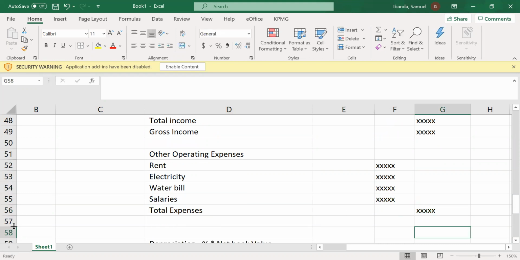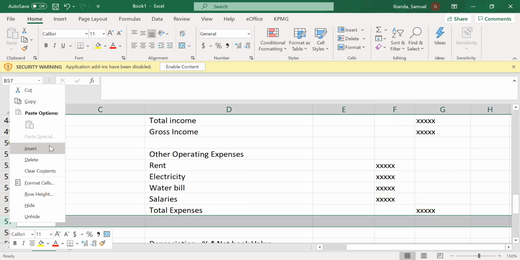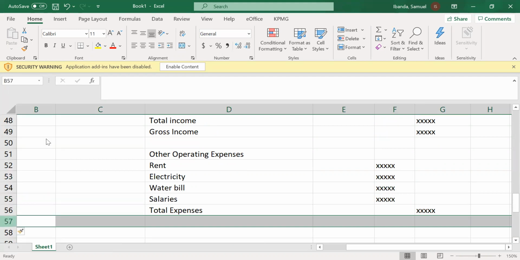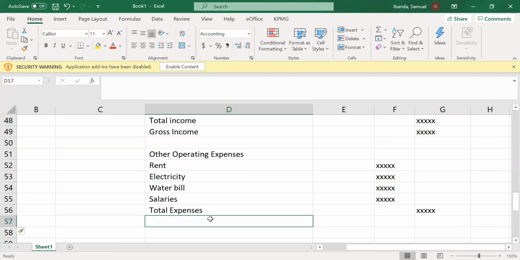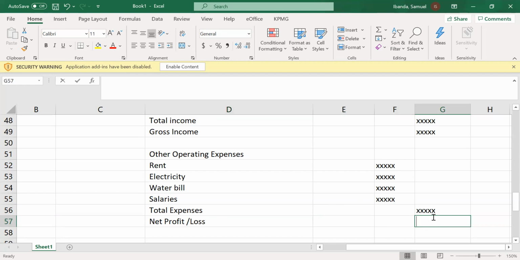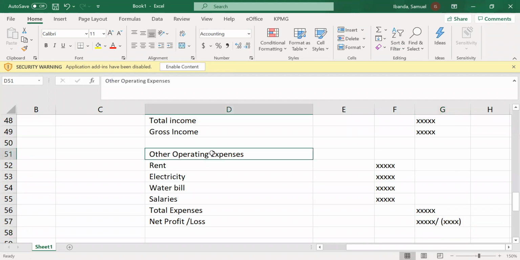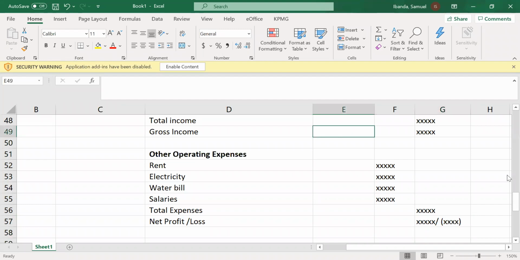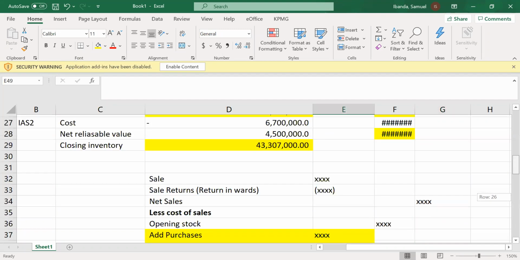And after the total expenses, you have your so-called net profit or loss, right there, or it can be a loss like that. So this is a simplistic way of how to do your profit and loss, okay?